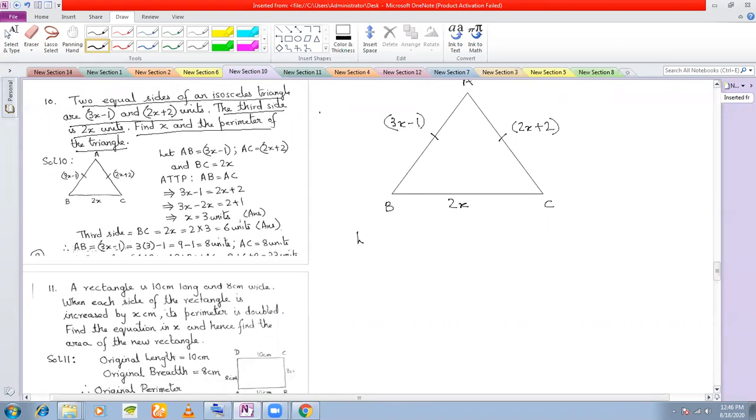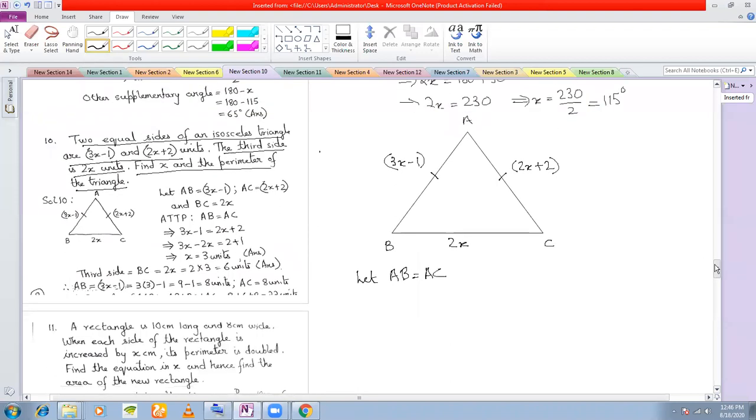So I start by saying let AB equal to AC. AB is the what side? AB is this side, and AC is what side? This side. Let AB be equal to AC, where AB is equal to 3x minus 1 and AC is equal to 2x plus 2.